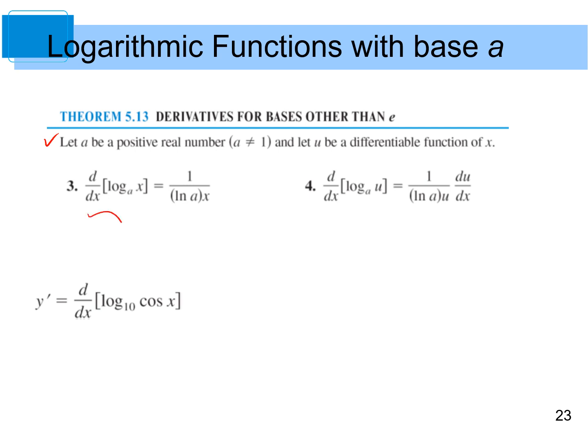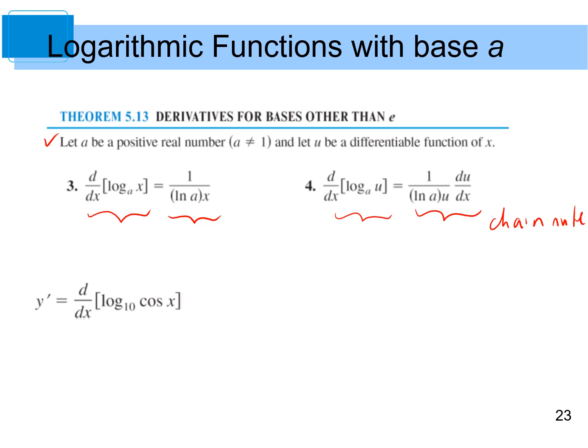If we want to get the derivative of the log of x base a, the formula is 1 over ln of a times x. And if we want to find the derivative of the logarithm of u base a, then the answer is 1 over ln of a times u, multiplied by du over dx. So this is again a chain rule for logarithmic functions.